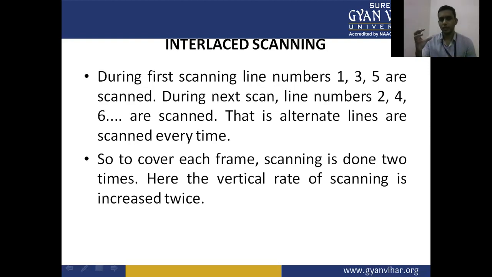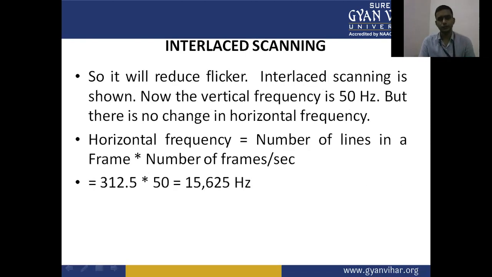Here the vertical rate of scanning is increased twice, so it comes to 50 frames per second. So the problem related to flicker is reduced. Interlaced scanning is shown. Now the vertical frequency is 50 Hz, but there is no change in the horizontal frequency.